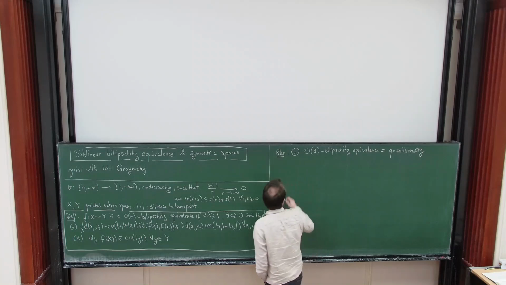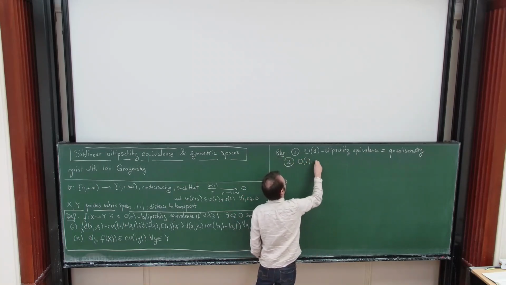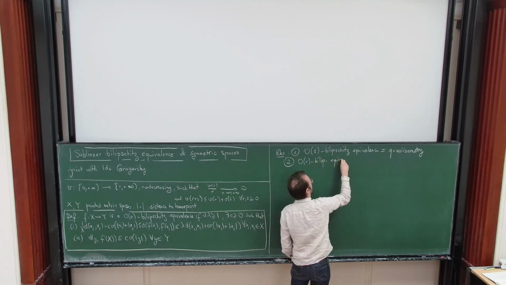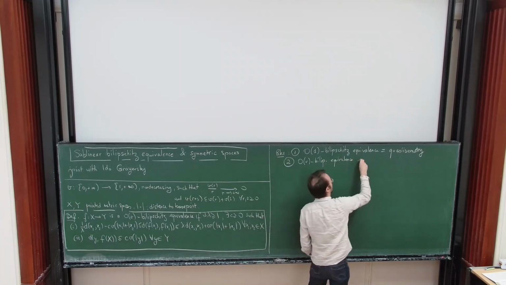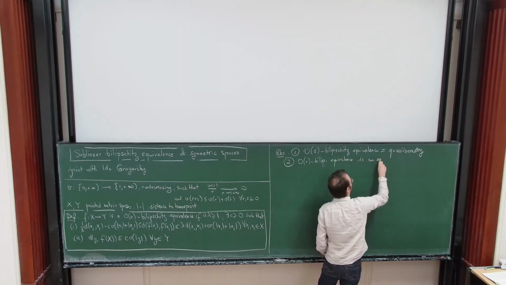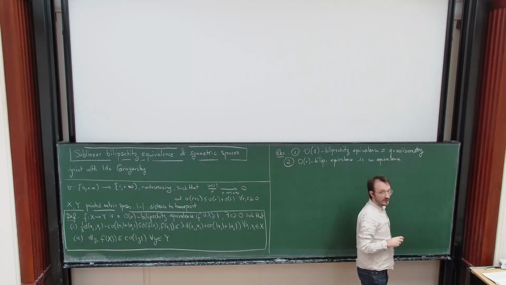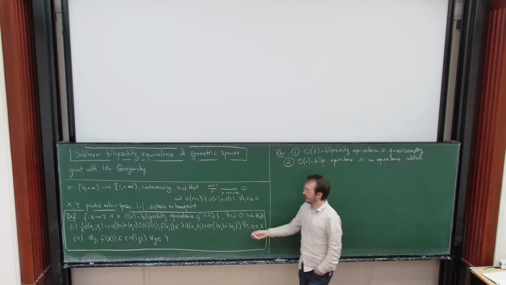The second remark I want to make is that OV bilipschitz equivalence is an equivalence relation. So we take this as an equivalence relation on metric spaces, and these maps can be checked that they compose well.